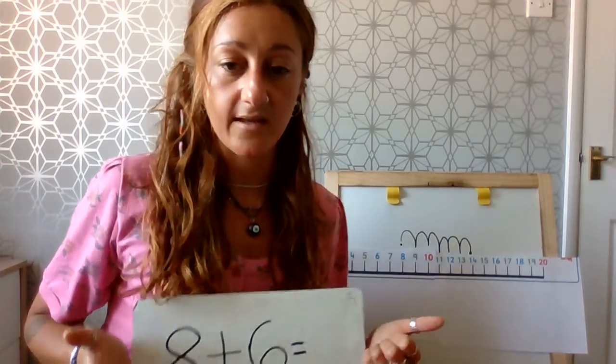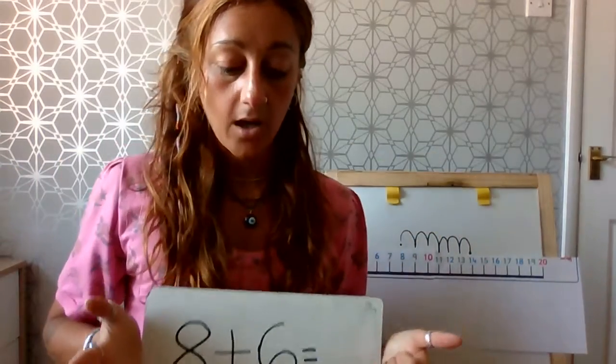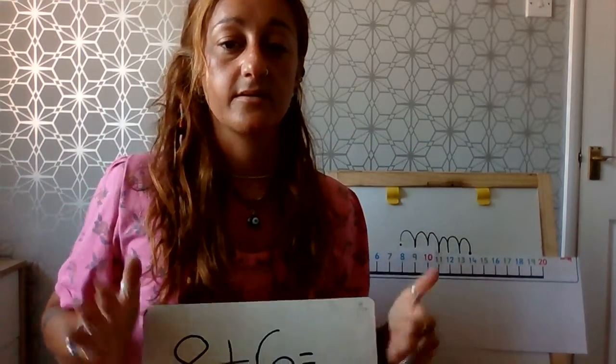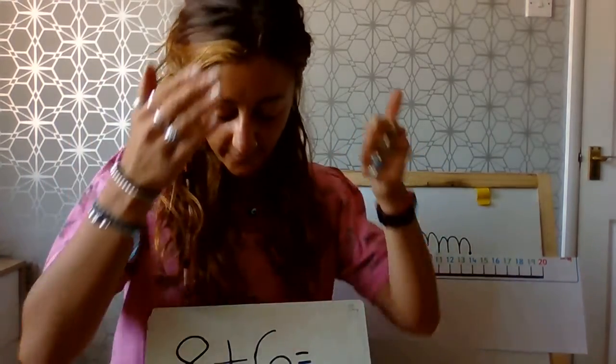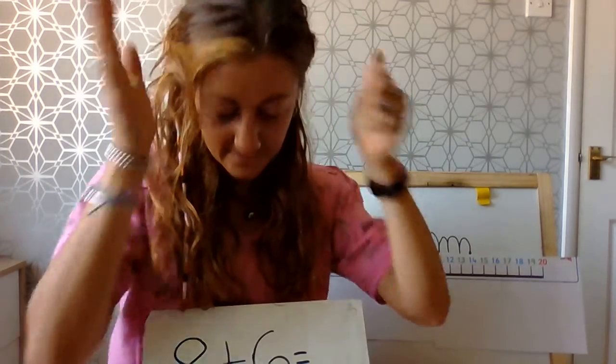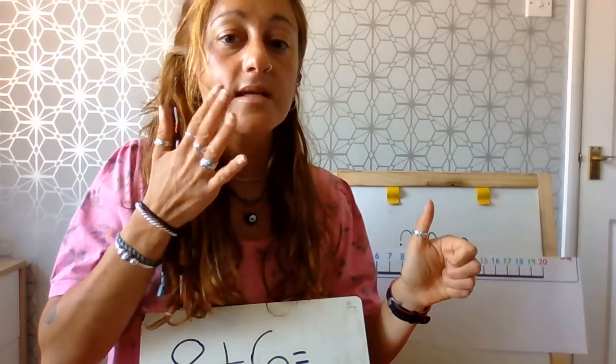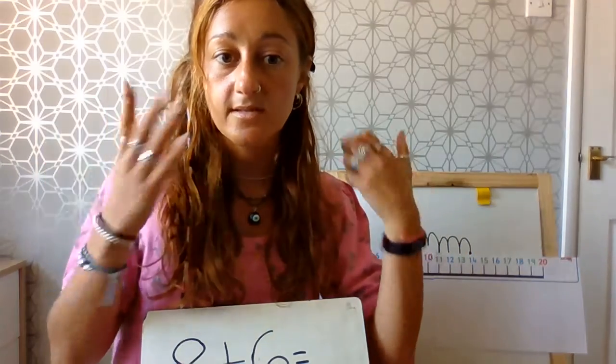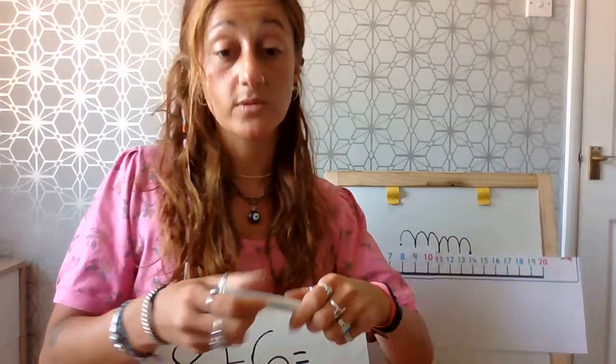Did you see what I did there? I wasn't sure quite where to tap them. I used my fingers to add my 6 because I'm holding up 6 fingers. 8, 9, 10, 11, 12, 13, 14. So what have I counted up to?